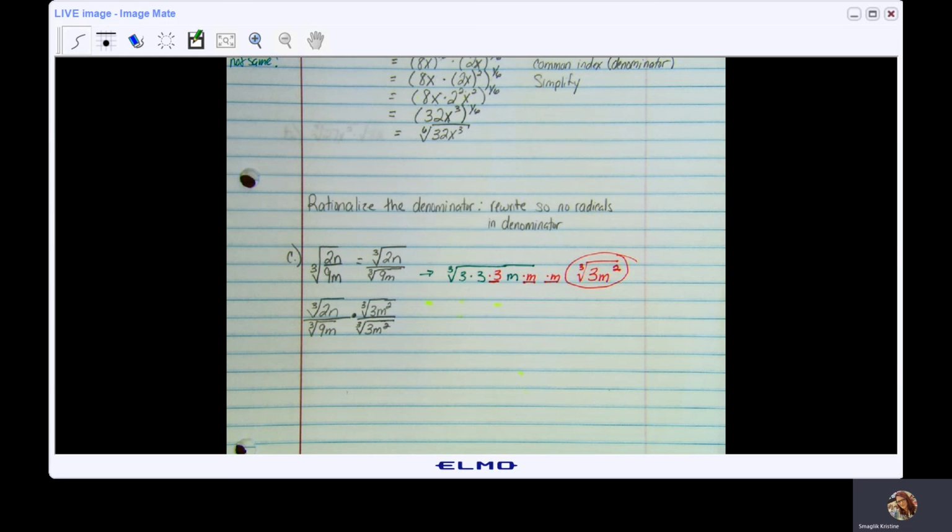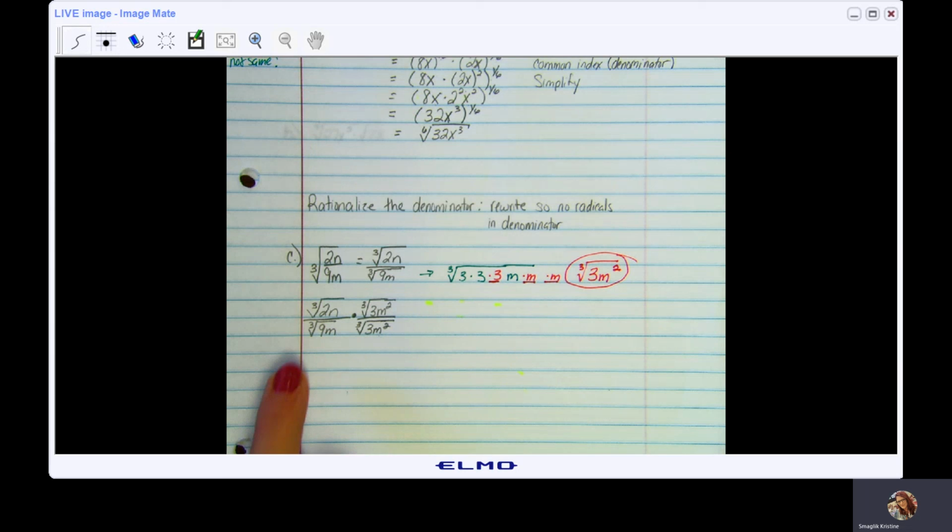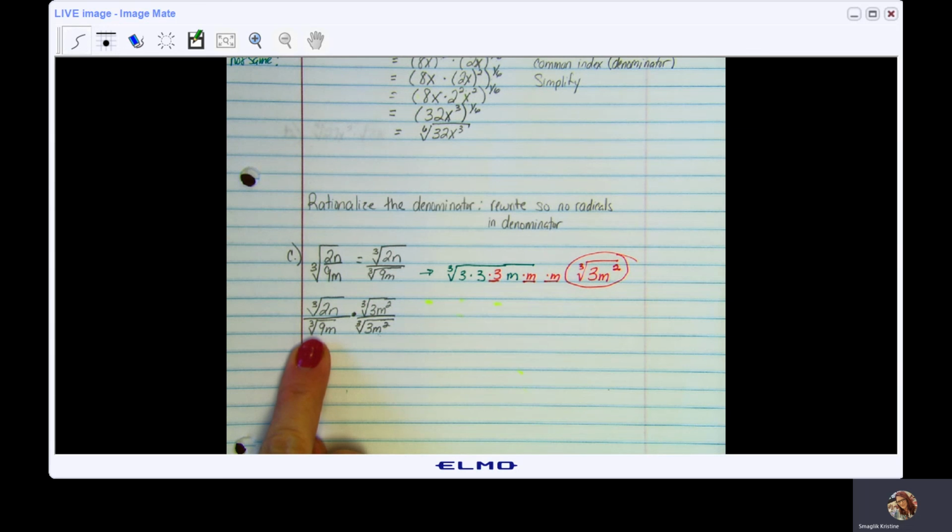Now notice, I am multiplying the same number over the same number. Any number over itself is 1. So again, I'm not changing the value of this at all. I am just rewriting it into a different representation so I can simplify it easier.